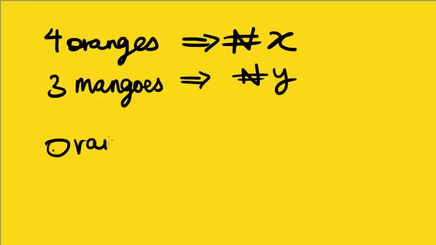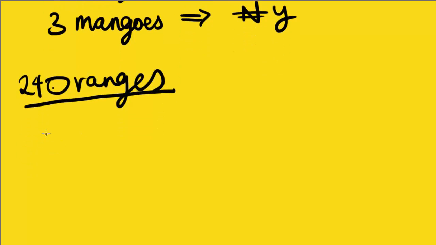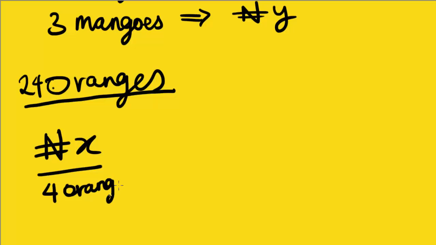So let's say oranges, I think it was 24 oranges. Yes, 24 oranges. I'm going to represent it this way in that fraction notation, X naira for 4 oranges. But now I want to know how much for 24 oranges.